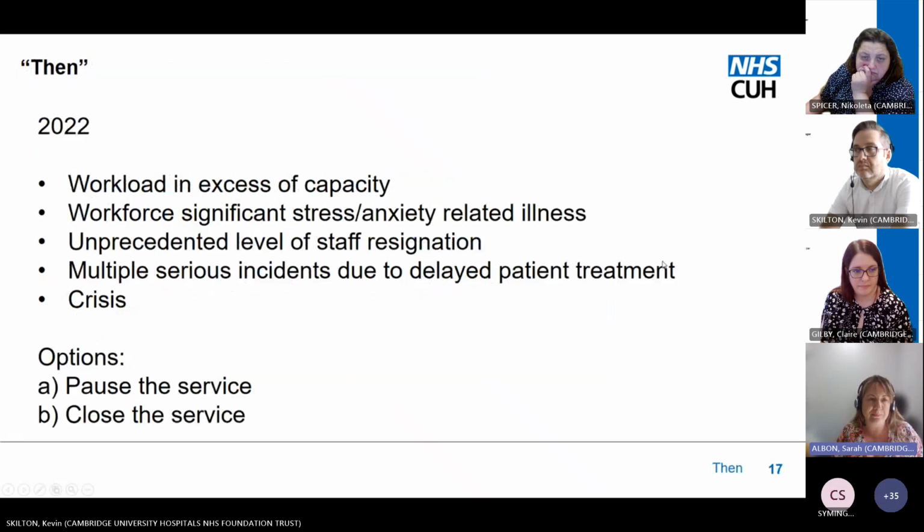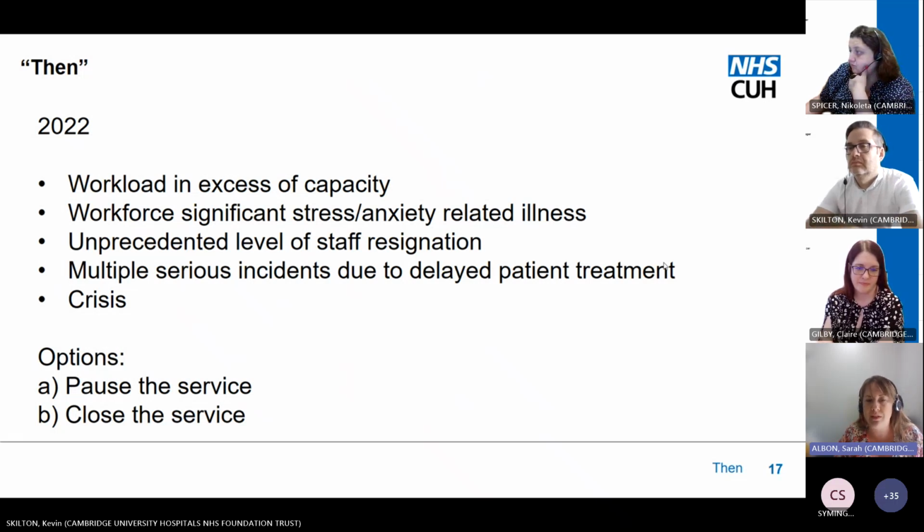Next slide, please. So the then of CCTL, I'm only going back a few years because that's where most of the dramas happened. So in 2022, our workload was way in excess of our capacity for our staff resource. Our workforce suffered a significant amount of stress and anxiety related illness.